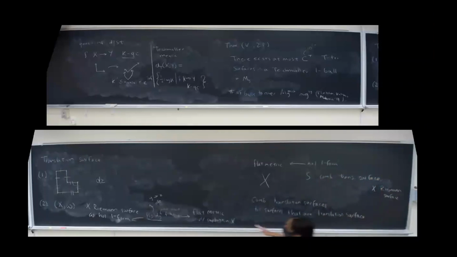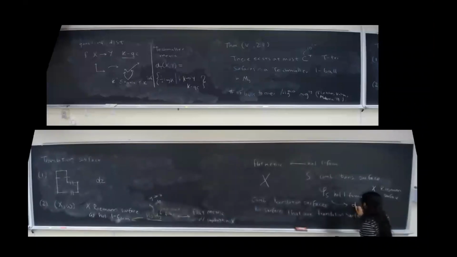Then I have from the translation structure a holomorphic one form on X, and this holomorphic one form actually detects the triangulation. It gives me a flat metric, and starting from the singularities, I can rebuild the triangulation. So if I know the form, I know the triangulation.